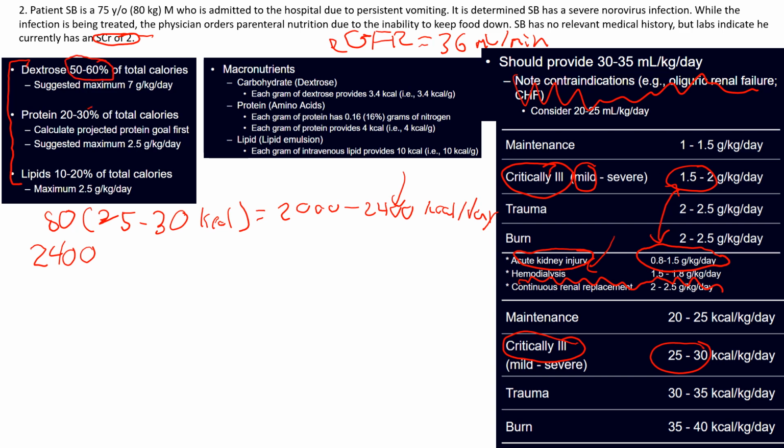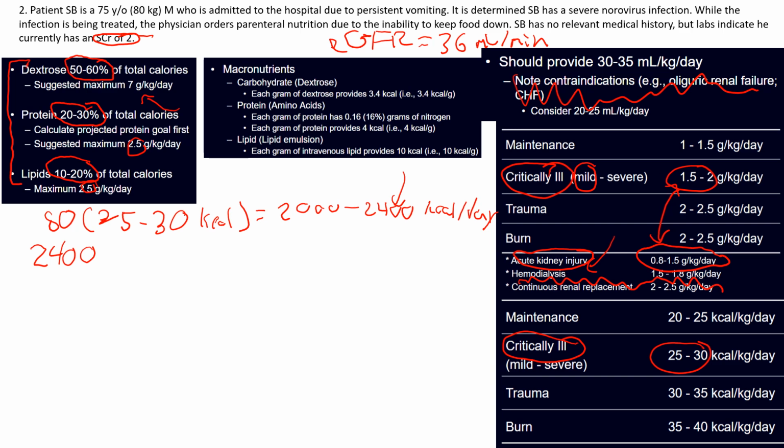We want our protein to be between 20 and 30% of our daily calories. And we want our lipids to be between 10 and 20%. And you can see here there's some max values, like no more than 7 grams per kilogram a day of dextrose. Same with proteins and lipids, 2.5. Realistically, if you're within these percent ranges, you're never going to exceed these in the first place. But it's something to note, right?